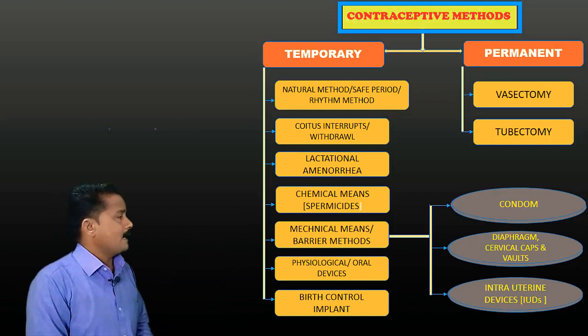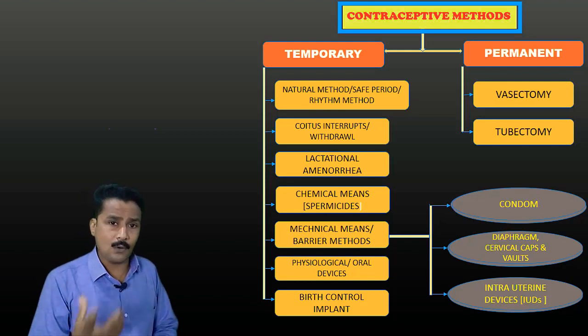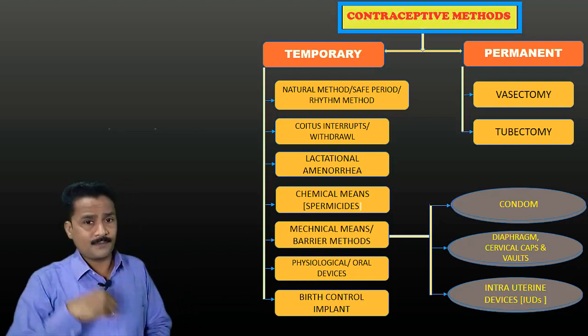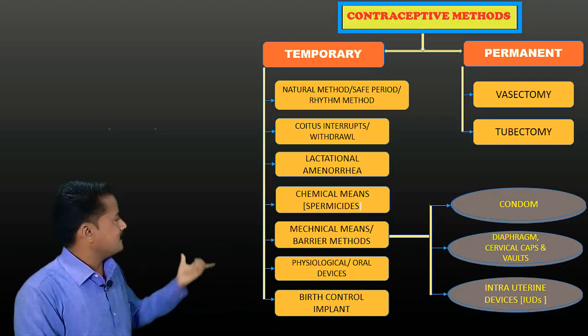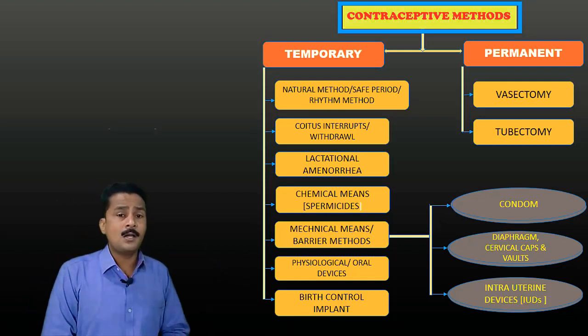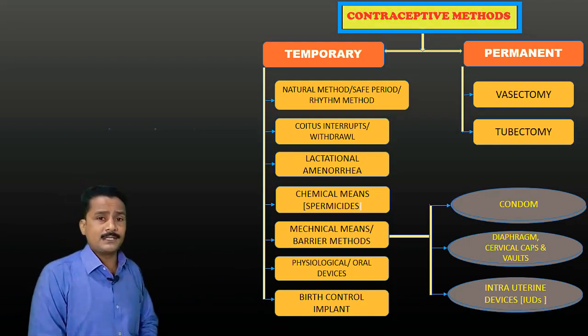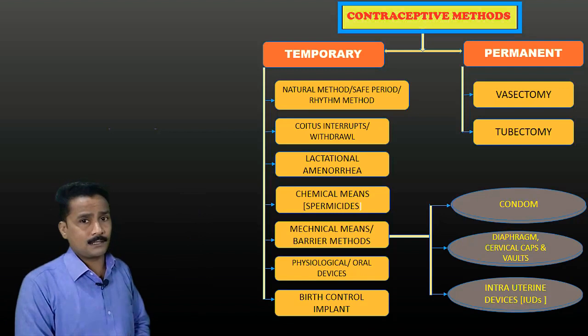The sixth type is the physiological methods, also called oral devices. Commonly it includes certain tablets, which are named pills. So that is the sixth type. And the last type is the other contraceptives, which include the birth control implant. So these 7 methods are included in the temporary methods of birth control.